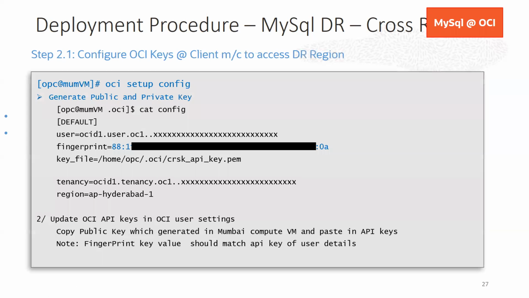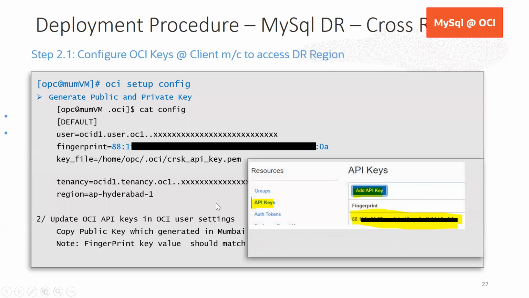As step one, to have a secure access connection between the Mumbai client machine and the Hyderabad region, we need to create OCI API keys for a user, and the public key needs to be uploaded in the API keys under the user section of OCI. Here, I'm creating a public and private key using the oci setup config command. Once the OCI keys are generated, we need to copy the public key and paste it in API keys under the user section of OCI.